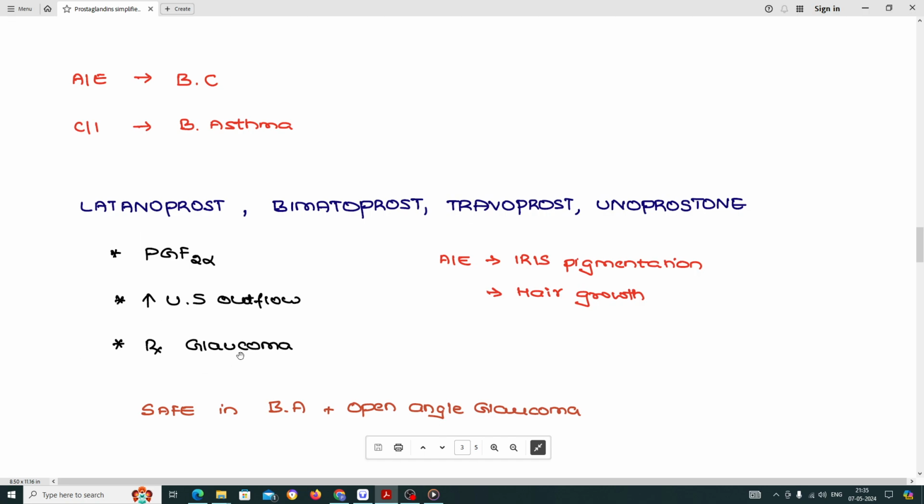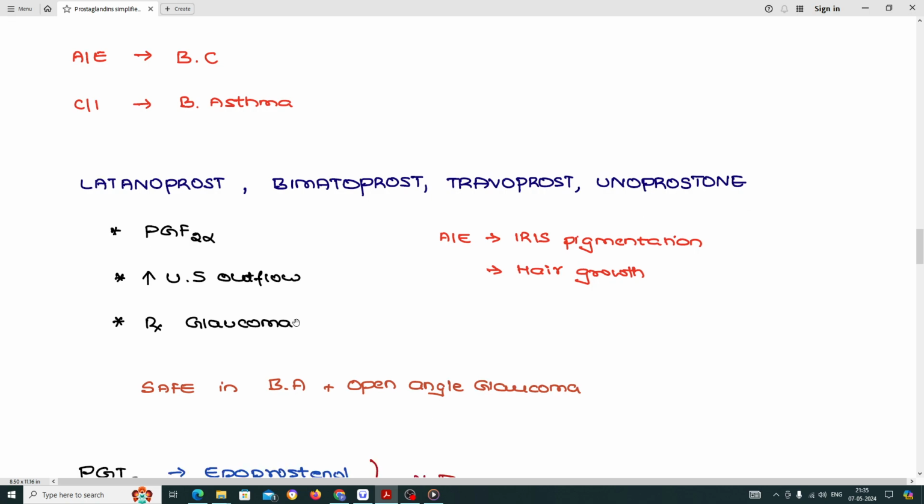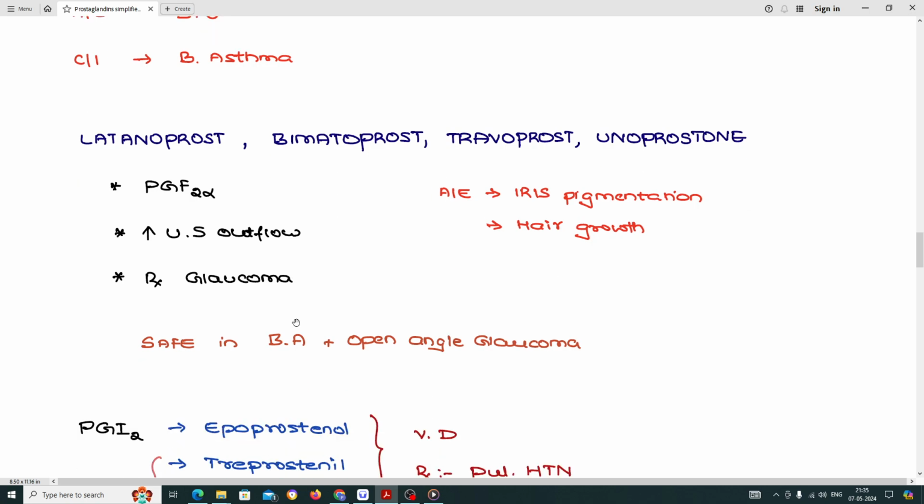Thereby it can be used in the treatment of open angle glaucoma. The adverse effects pertaining to latanoprost are blackish or brownish iris pigmentation, and it can also cause high lash growth, but it is safe in bronchial asthma.